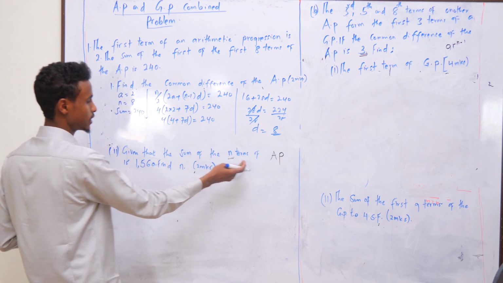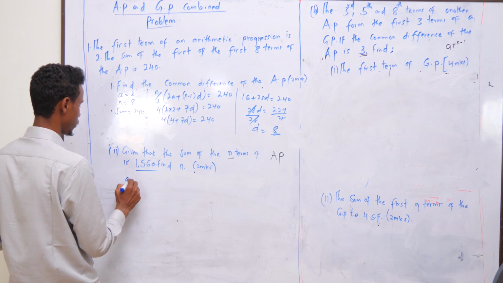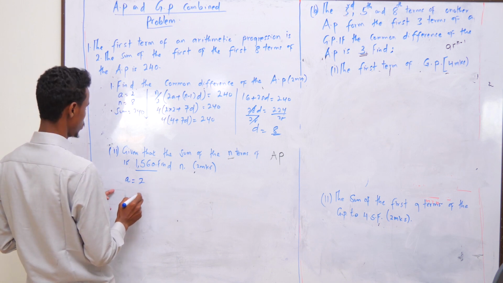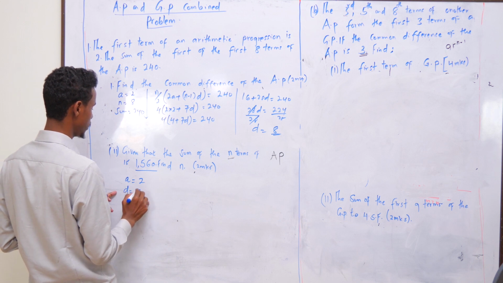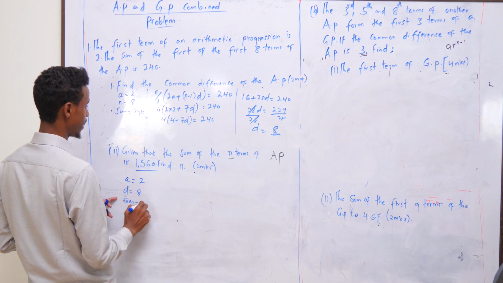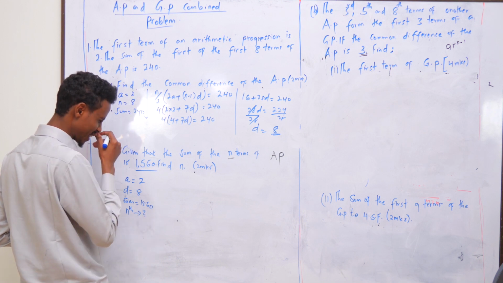Given that the sum of the nth terms of the AP is 1560, find n. Now here you have a as 2, d as 8, and the sum as 1560. The unknown is n, the number of terms.